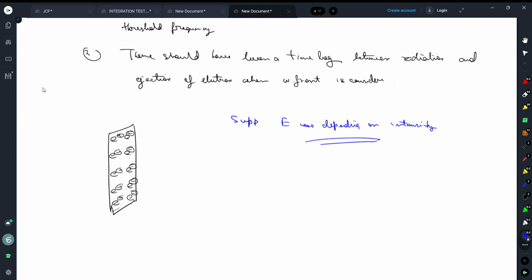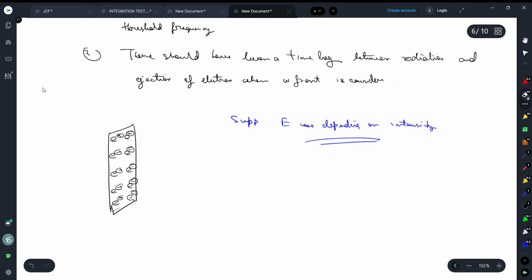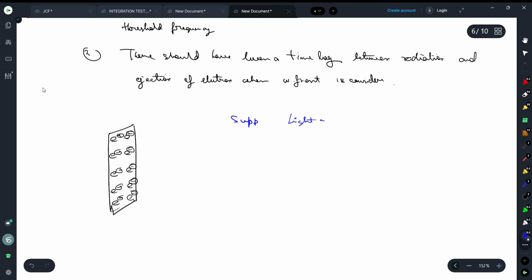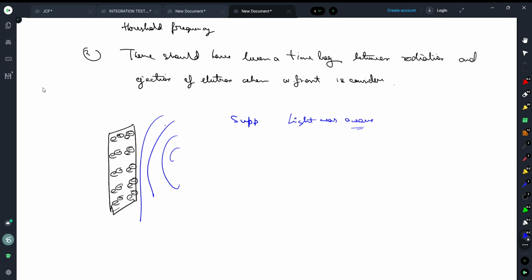But suppose we consider, now this thing we have already concluded initially. Now suppose light was a wave, so it has a wavefront. So suppose these are the wavefronts of light, let's say. Now see, these wavefronts, they will energize all these electrons at once.